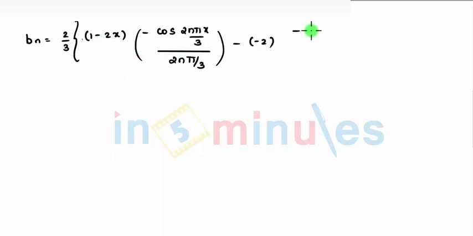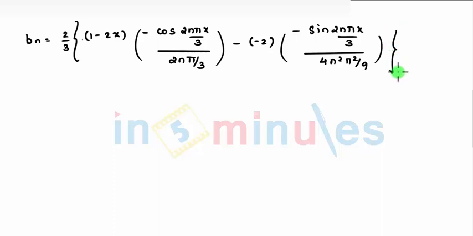Integration of this comes to be minus of sine 2n pi x divided by 3 and the whole gets divided by 4n square pi square divided by 9, where the limits are 0 to 3.